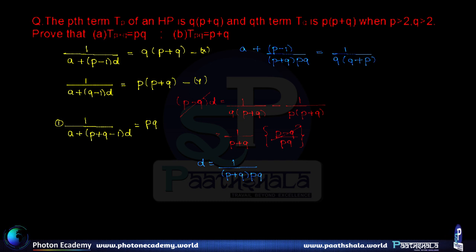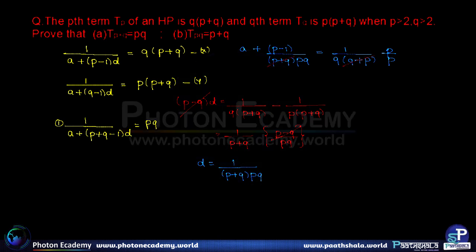Let's multiply in the numerator and denominator by P. Therefore, P plus Q cancels out, PQ in the denominator cancels, and one of the P in the numerator on both sides.